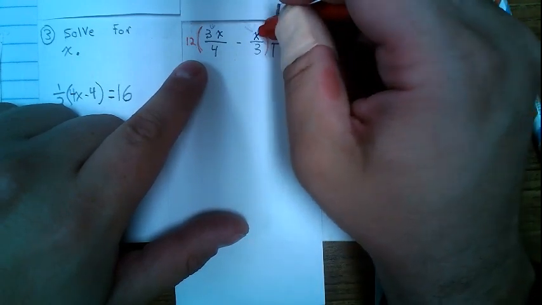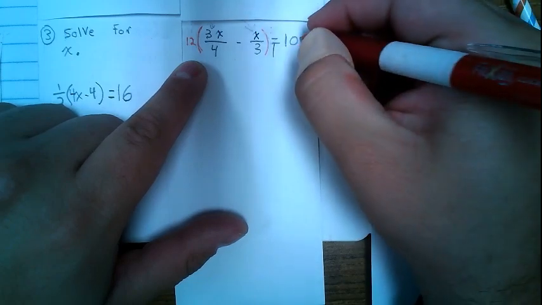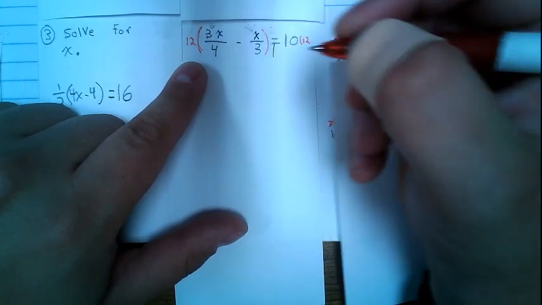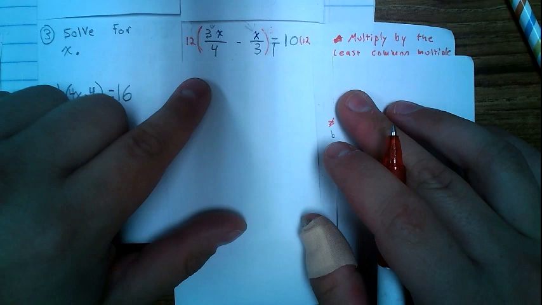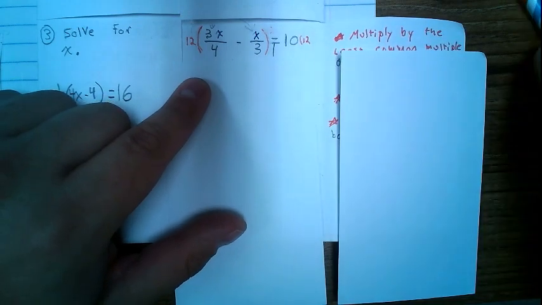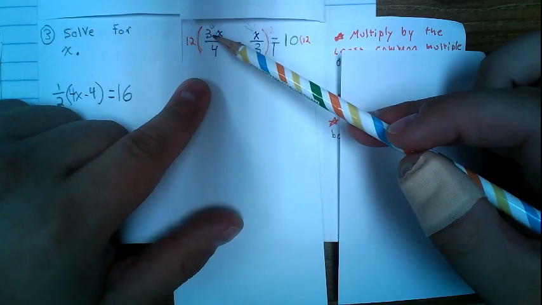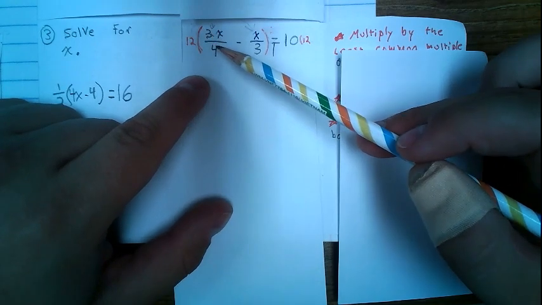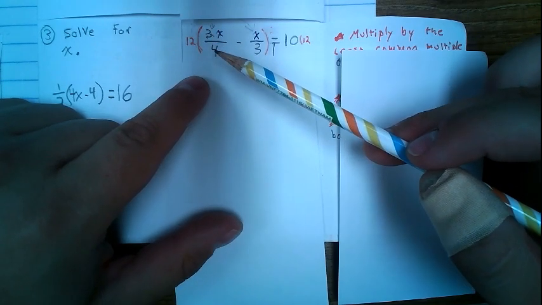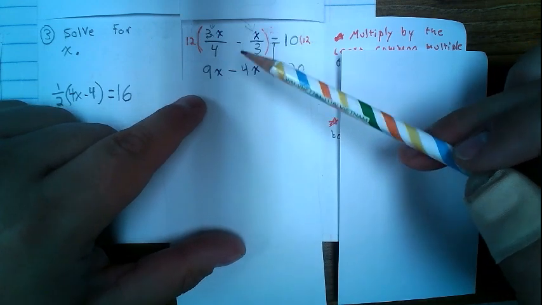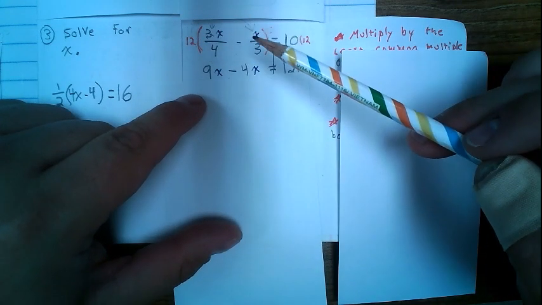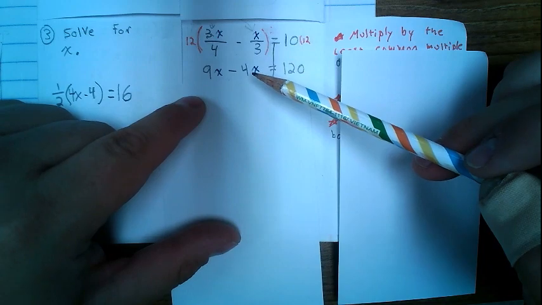Then let me write that 12 there. When I distribute the 12 in, 12 times 3 is 36, divided by 4 gives me 9x. 12 times 1 is 12, divided by 3 gives me 4x.